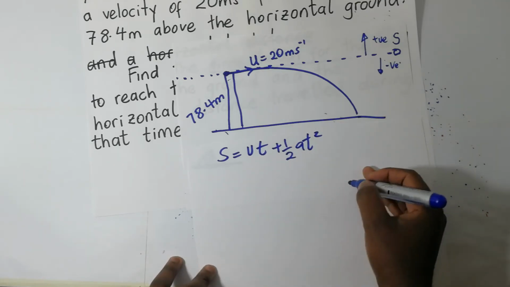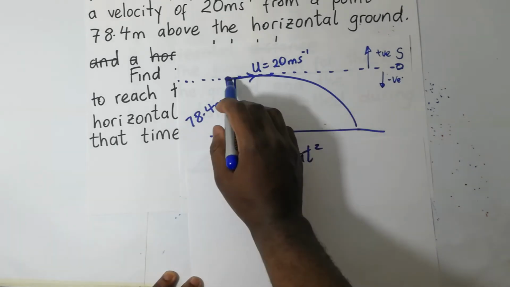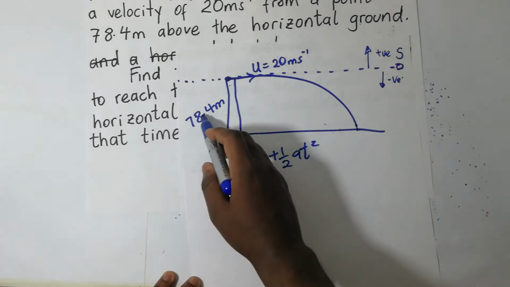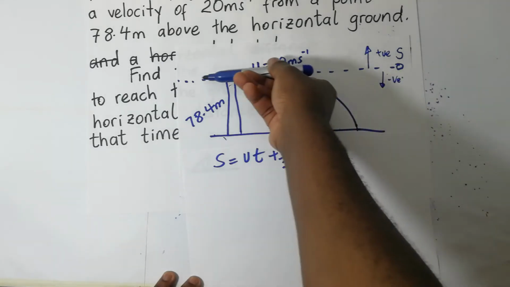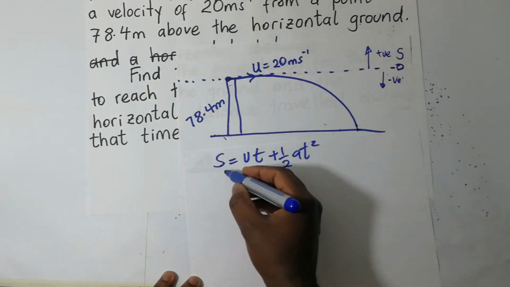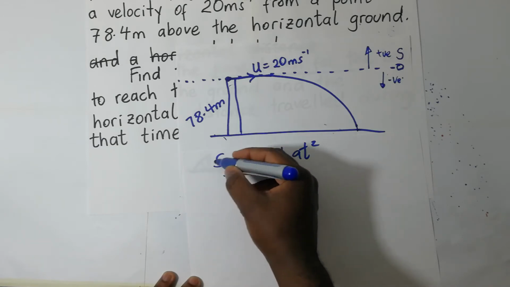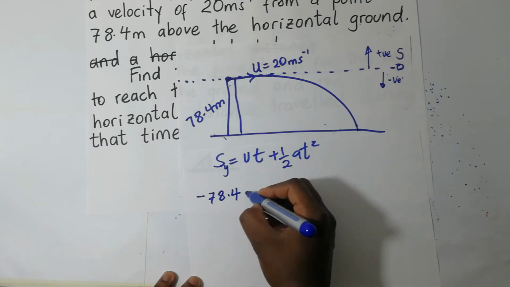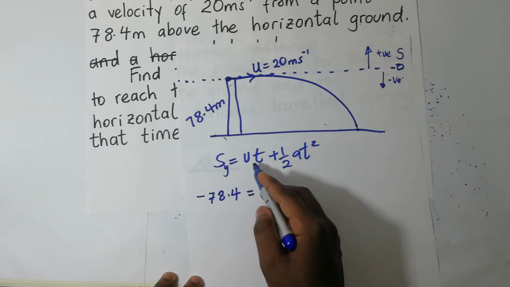We all know that equation, it's familiar. When this ball was projected from here, by the time it hit the ground, it had traveled 78.4 meters below the zero level, or below the point of projection. So the displacement in the y direction is negative 78.4.